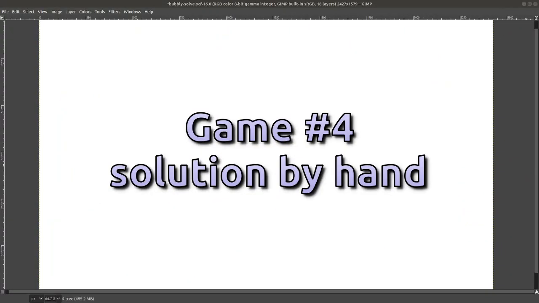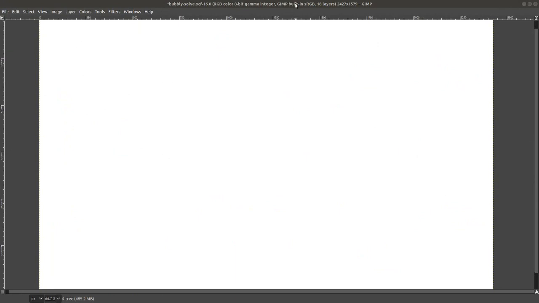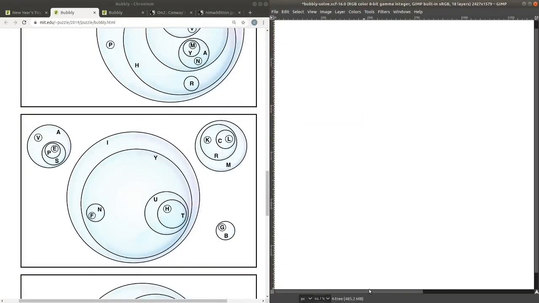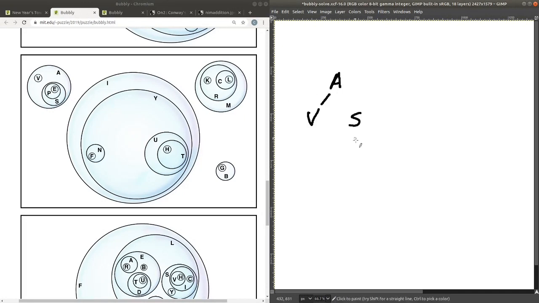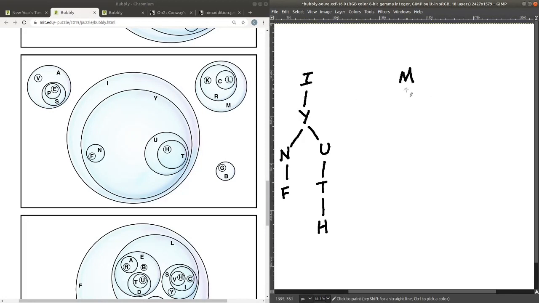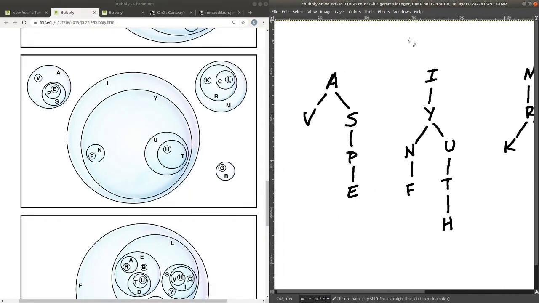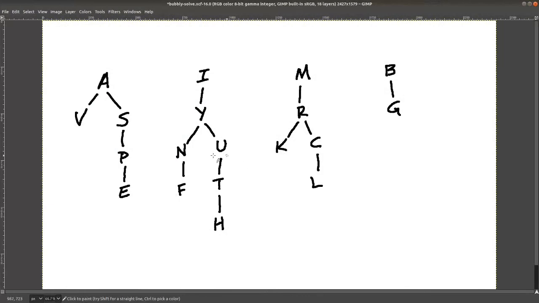All right, cool. Next up, puzzle number 4. Yeah, this one we know.